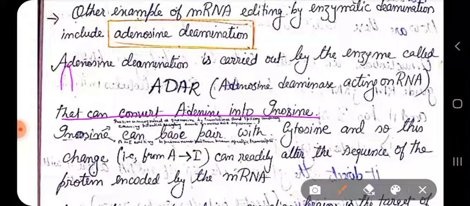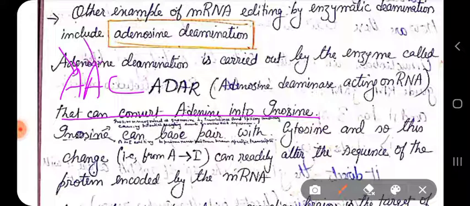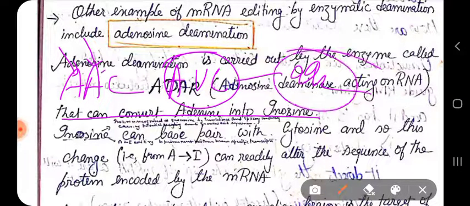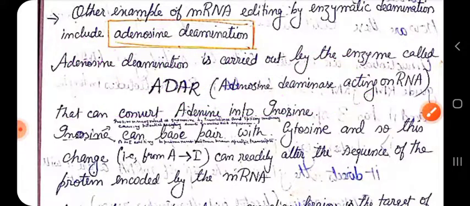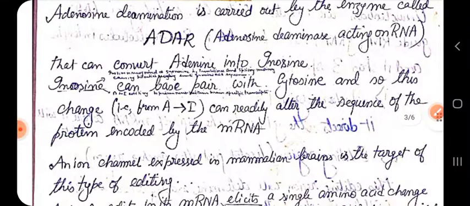Suppose AAC. Now if the second A is getting deaminated, it becomes AIC. Now it becomes a different codon, it will code for a different amino acid from the previous one. So I hope you have understood what I am trying to say here.